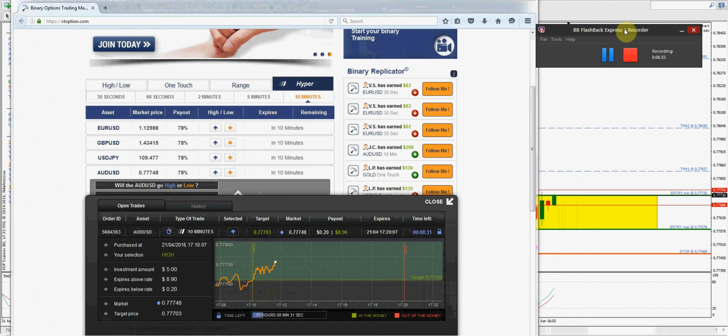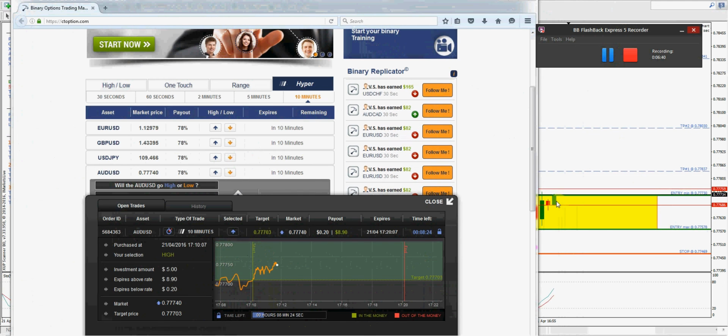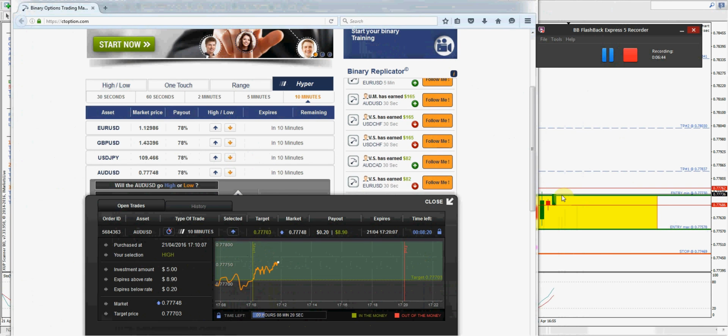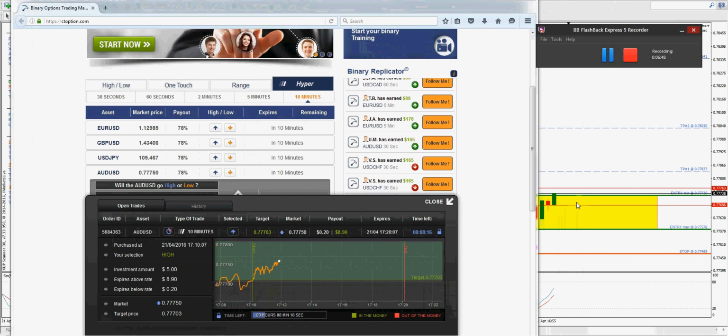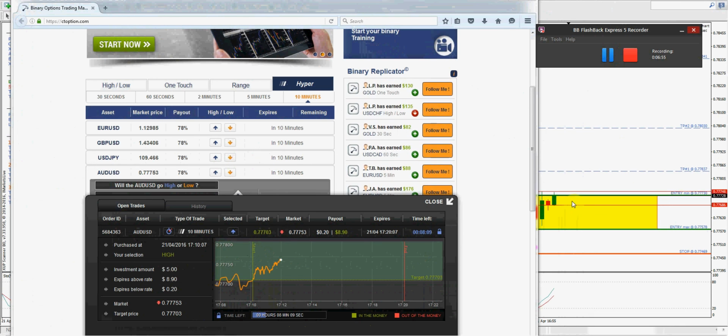Also, I've decided, just based on what I've seen, to wait for the bar to close before entering. In some of my previous videos, once we get to a certain point, I'll either jump in early or try to wait until we just hit the line. But I found that, just from my experience, it seems to work better when you wait for the bar to close.